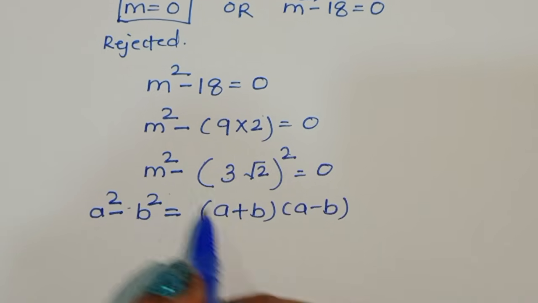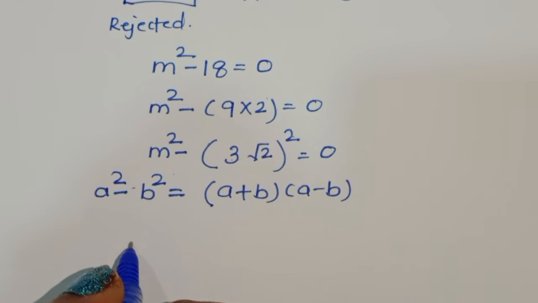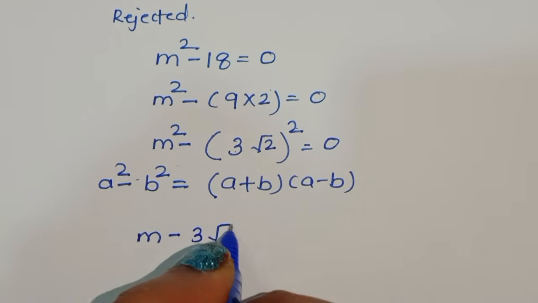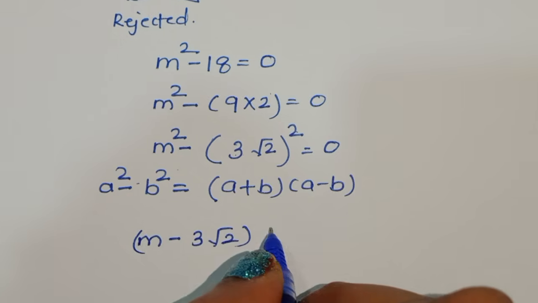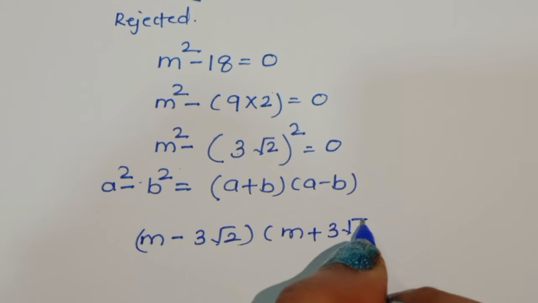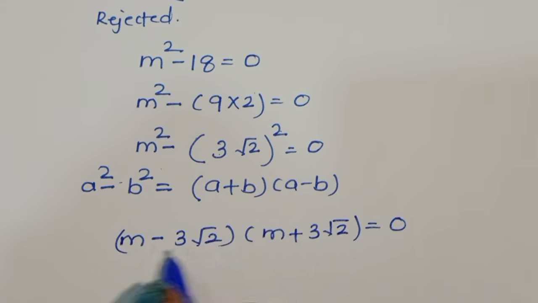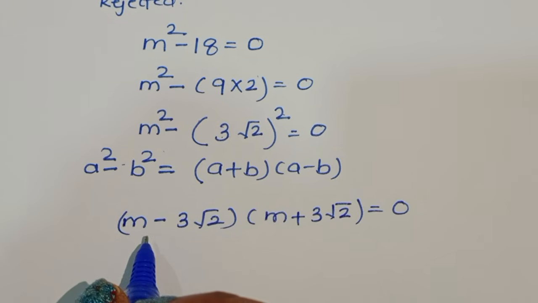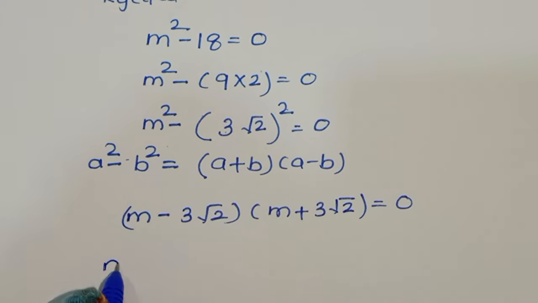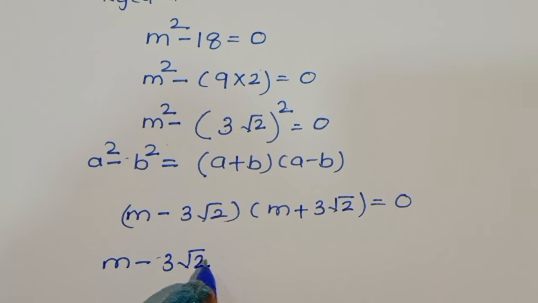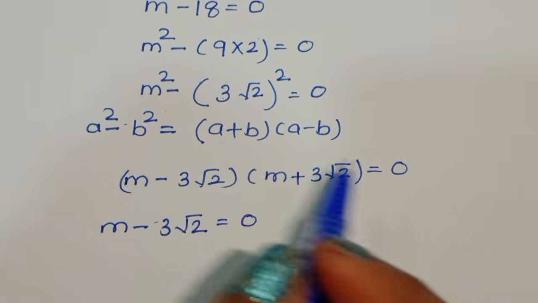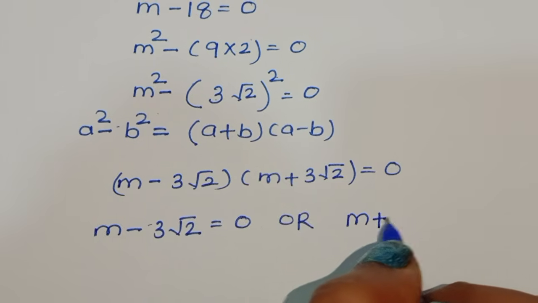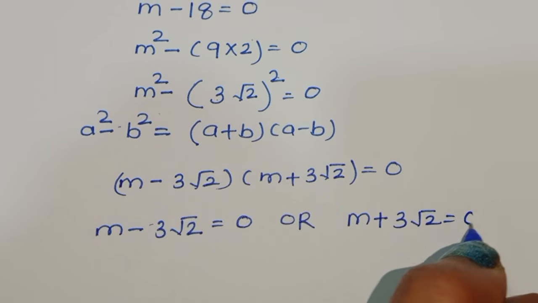So we get m minus 3 square root of 2, and m plus 3 square root of 2, equal to 0. Now again we get two equations. The first one is m minus 3 square root of 2 equal to 0, or the next one is m plus 3 square root of 2 equal to 0.